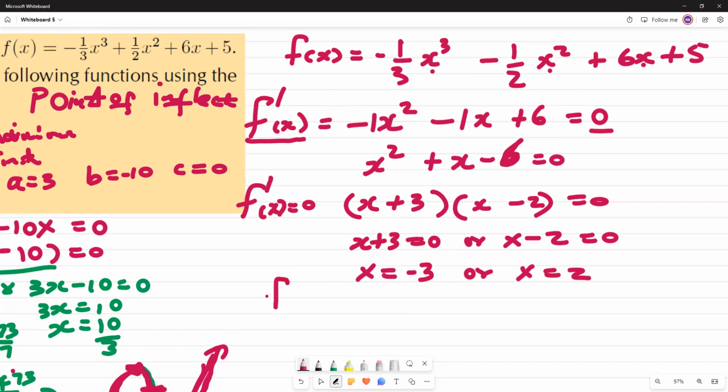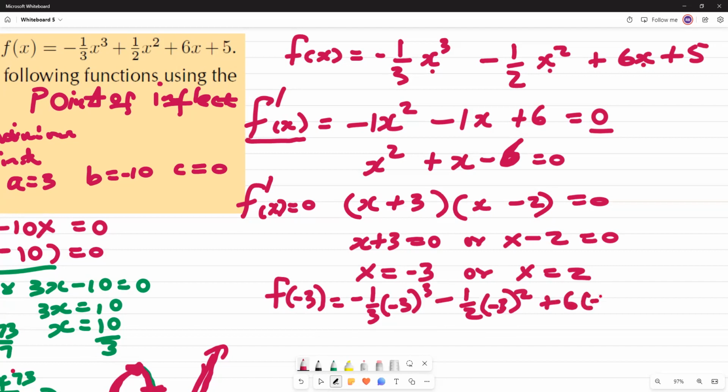So I'm going to do f of negative 3 is negative 1/3 times negative 3 cubed minus 1/2 times negative 3 squared plus 6 times negative 3 plus 5. Then let's see what we get when you press a calculator.